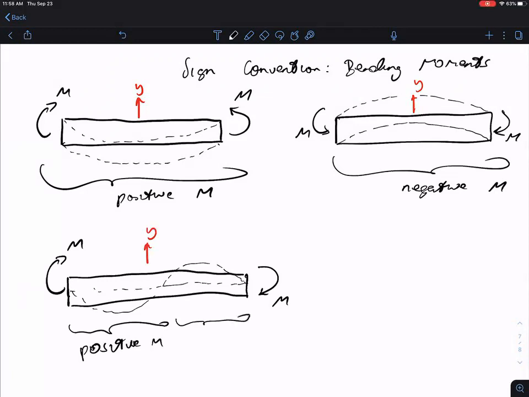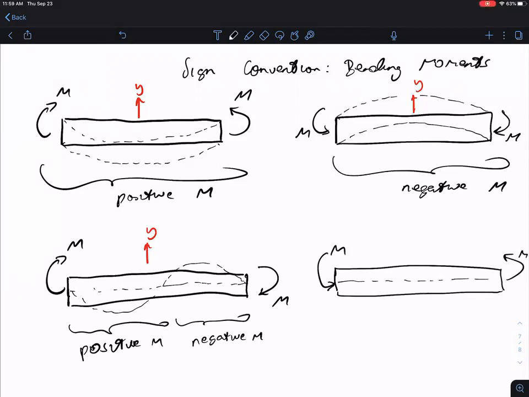And then on the right, we see that we have bending that is concave downward. So this would be considered a negative moment. And we can look at the opposite case again. So this is the case where both end moments are counterclockwise.